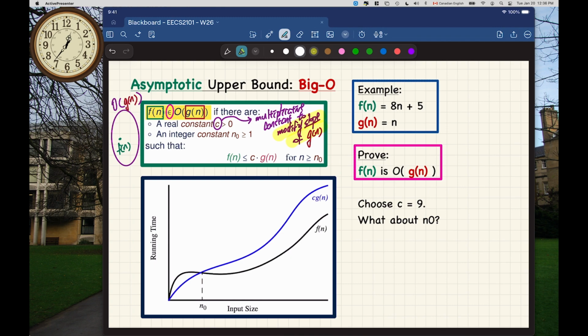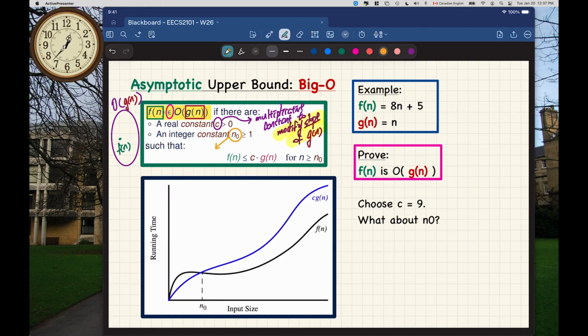And then you have to choose another constant, and that constant is n0. Let me put it down and then I will explain what I really meant. The 0 subscript basically says it's a starting point, because it's like an array, where indices start with 0. n itself is about input size. When we're saying that, there should be some starting point of input size from which some property should be satisfied.